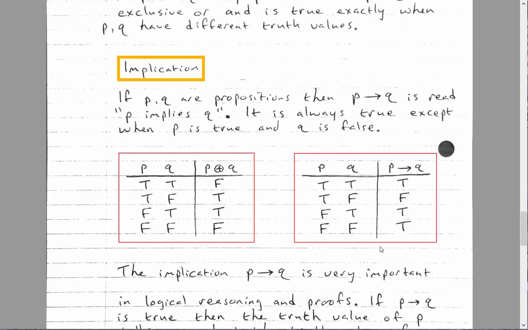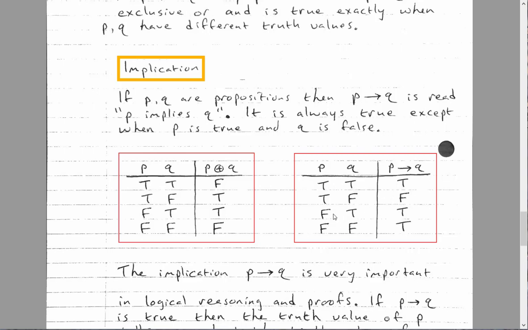Okay, let's look at its truth table. So here it is, P implies Q. It's always true except in this one case. So if P is true and Q is false, then the implication is false. You can't have something true implying something that's false. That's not what we want. So true implies true, that's true.